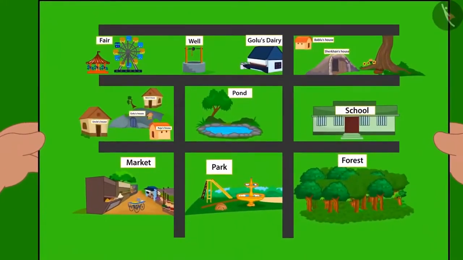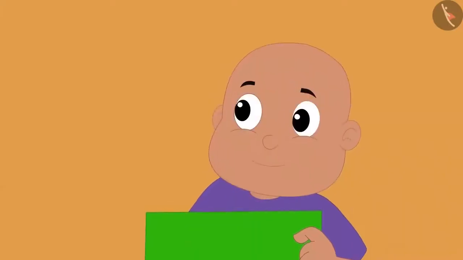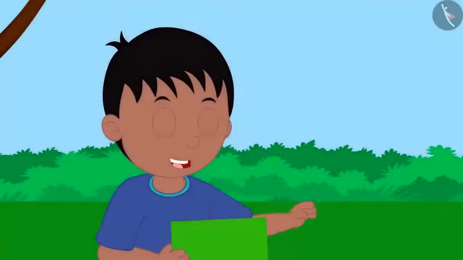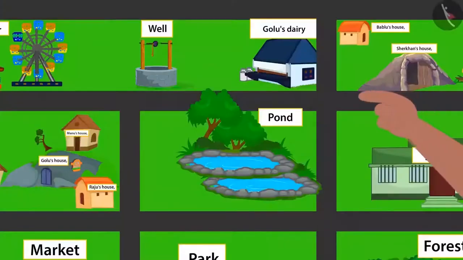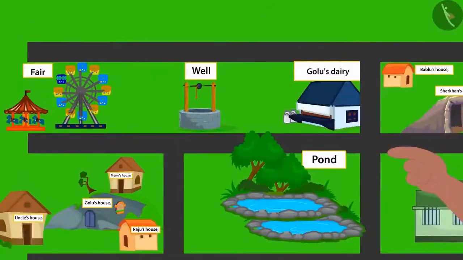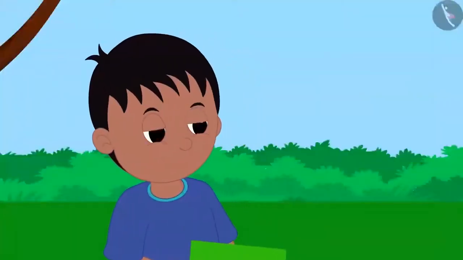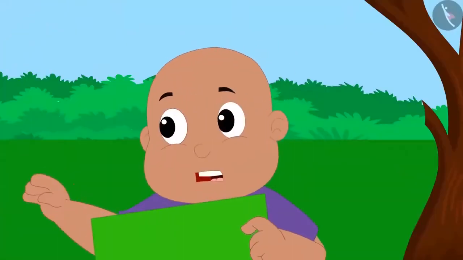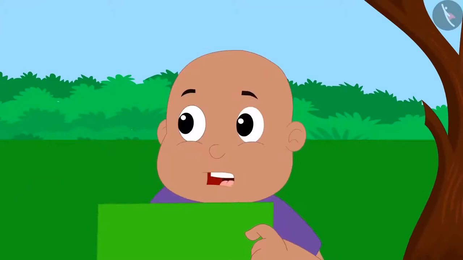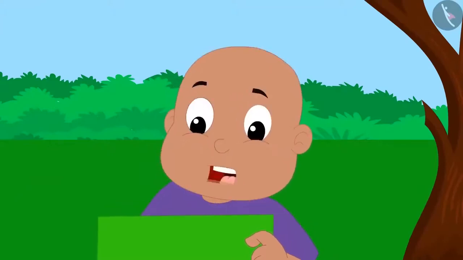With this, we can find the way to any place in our village. Yes, Bablu. See how the house of Khan is towards the south of your house. How did you find that out, Bablu? And what does towards the south mean?